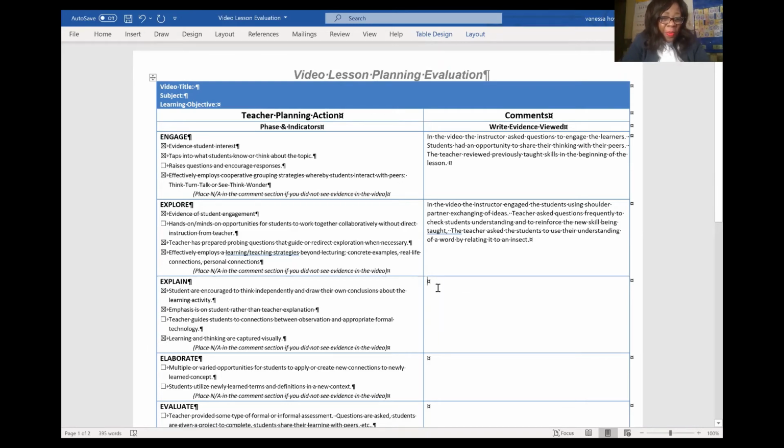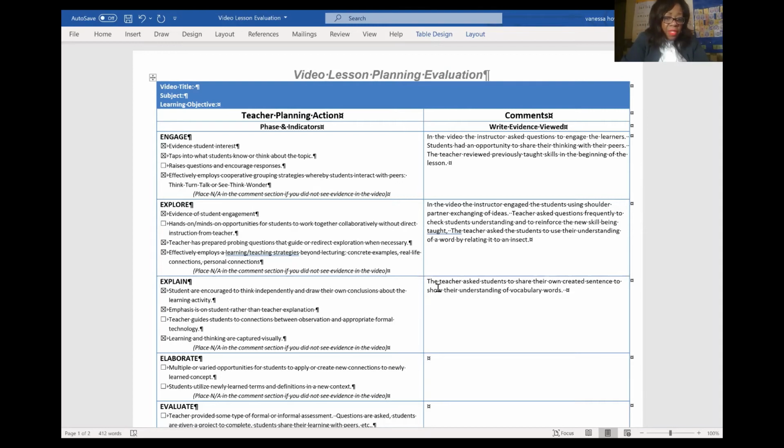Okay, so how we're going to write this? The teacher encouraged the students to think independently. The teacher asked students to share their own created sentence to show their understanding of vocabulary words.